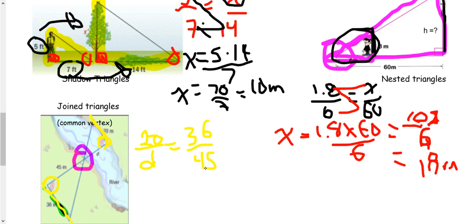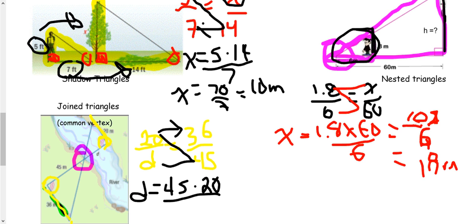Okay, so what do we do? Absolutely Amazing Dr. Z. So we'll go D is equal to 45 times 20 divide by 36.